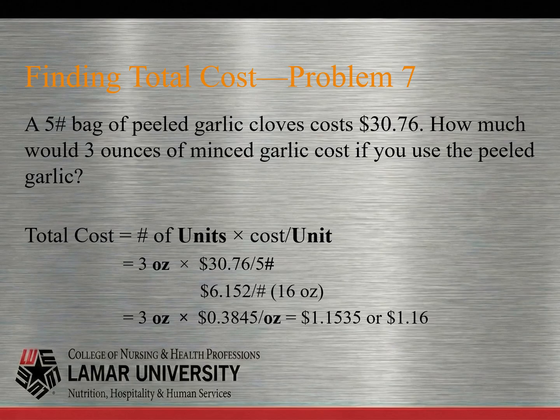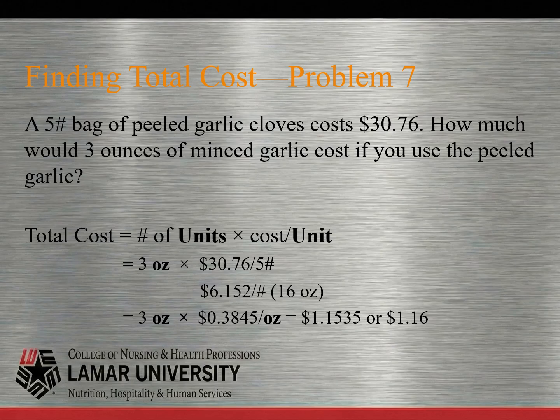We paid $30.76 for the bag. So 30.76 divided by 80 equals 0.3845 per ounce. Okay, don't round yet. So let's calculate the cost. The recipe calls for 3 ounces.